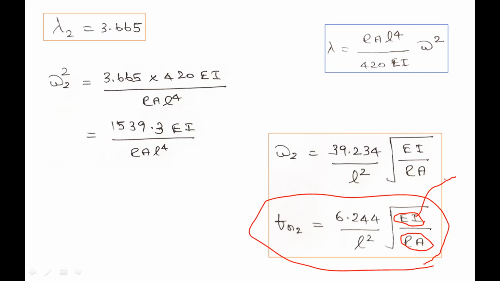The product of Young's modulus and area moment of inertia is called flexural modulus. Suppose you want to control the frequency of a beam, how to control it? We have to control this flexural modulus EI. E is the material property, I is the geometrical property. If you increase this EI value, the frequency value will increase, because it is in the numerator, it is directly proportional.